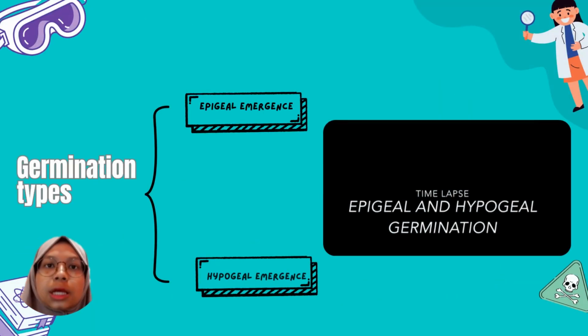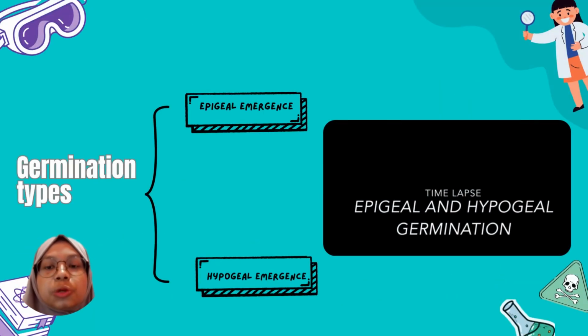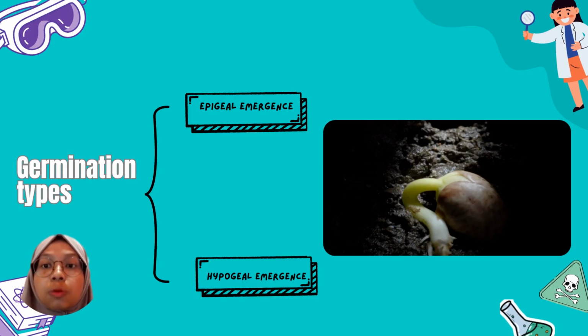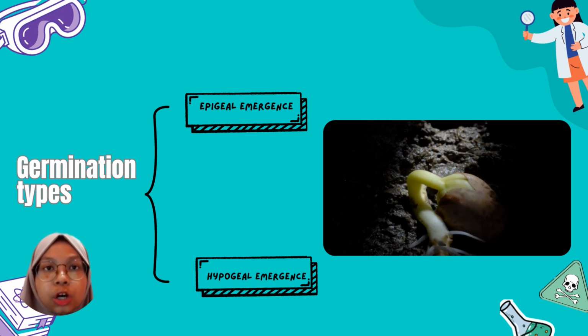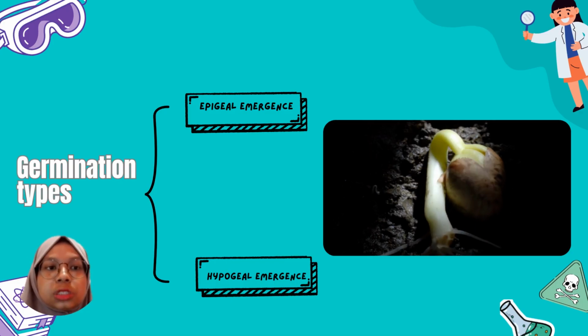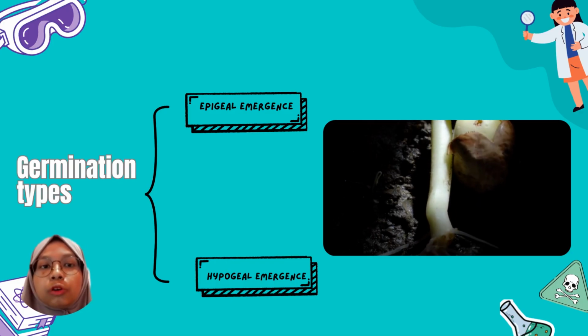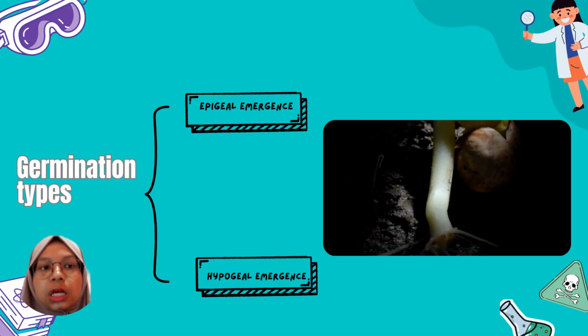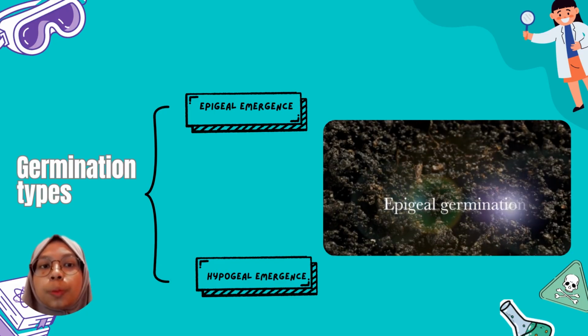The next is types of germination. Germination occurs when the seed absorbs water and begins to grow. There are two main types, which are epigeal germination and hypogeal germination. For epigeal germination, the cotyledons are pushed above the soil surface. This often happens in bean and castor plants.